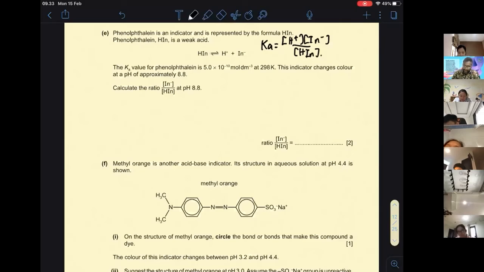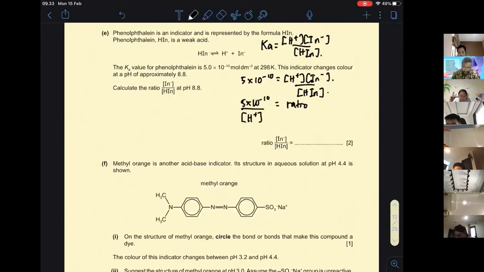So if I have the Ka value, I just write down 5 times 10 negative 10 equals H plus times In minus over HIn. I want to find the ratio of In minus to HIn. So the ratio is 5 times 10 negative 10 divided by the concentration of H plus.